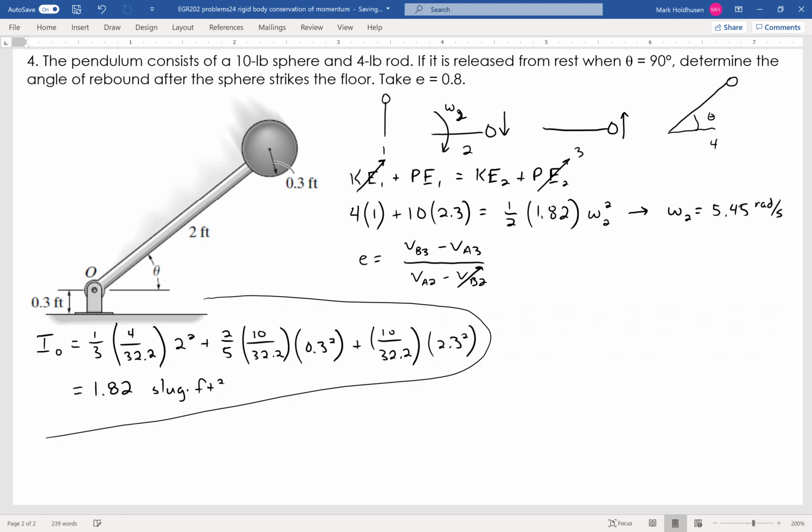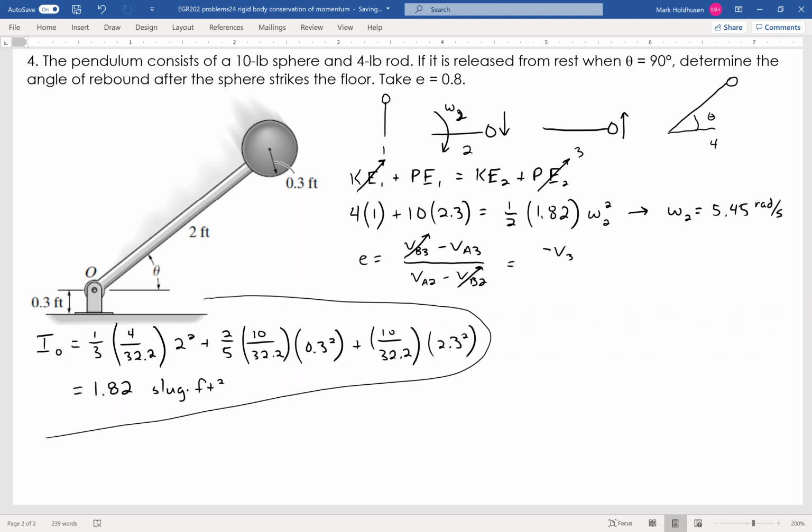Now the thing is the ground doesn't move, so that term goes away to nothing, right? So we will say negative V3, negative because now it's switching directions. It was going down, now it's going to be going back up.